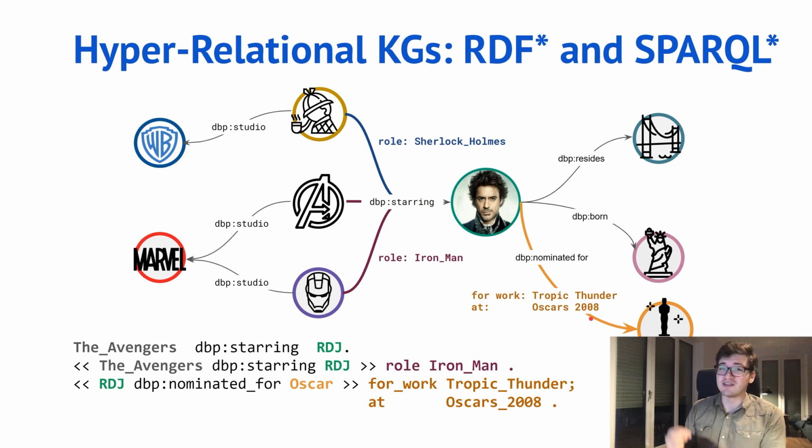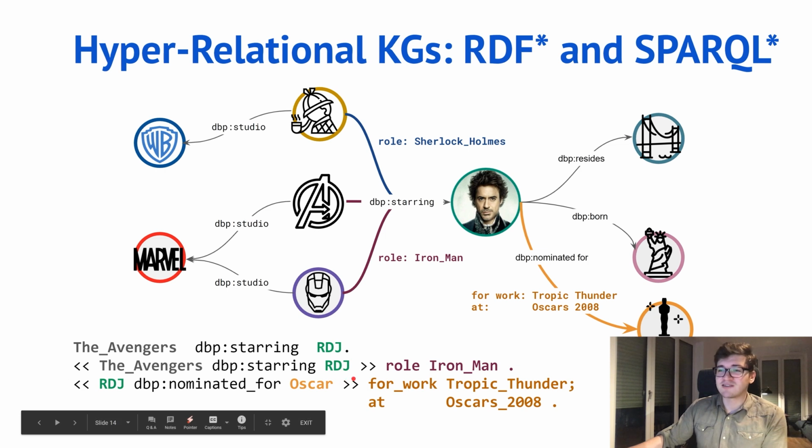So it's not that easy to just separate them and add as separate triples, because they need some context. RDJ can have different nominations, and you have to specialize what nomination it is. So using RDF-star, it works. It's as easy as that. You can just define a triple and add those additional attributes.